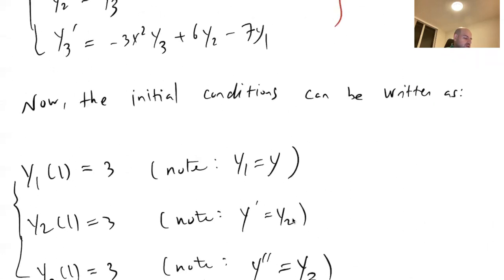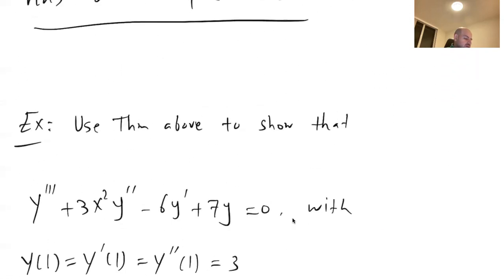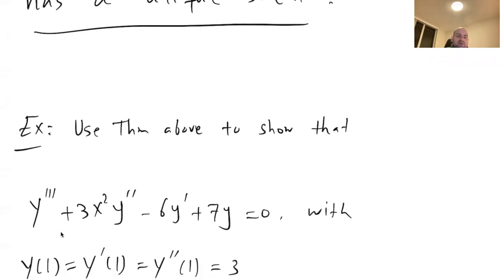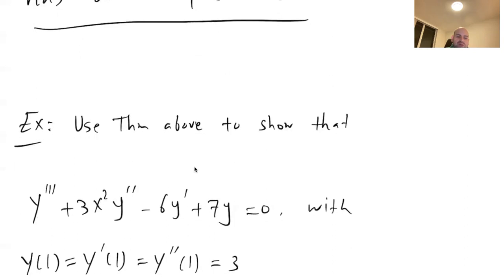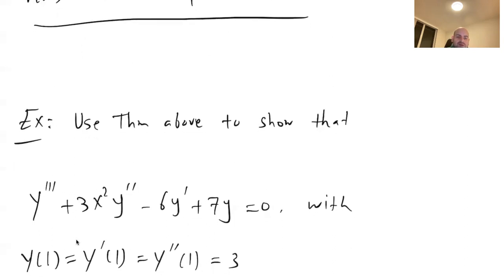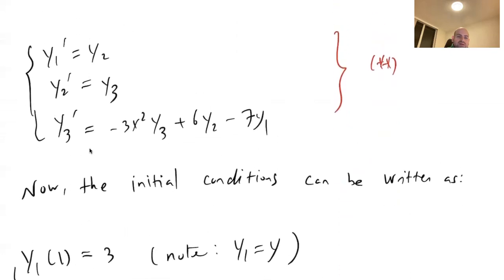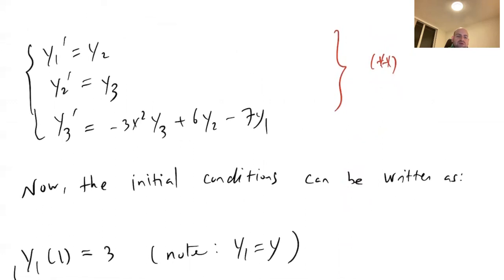And therefore, the equation also has a unique solution because we know that y is equal to y1. We want to know whether there exists a unique solution for y for this equation. Well, we just proved that there is a unique solution for this system. So that means there is a unique solution for y1, unique solution for y2, and unique solution for y3.